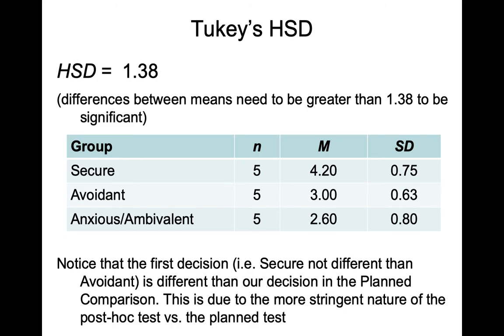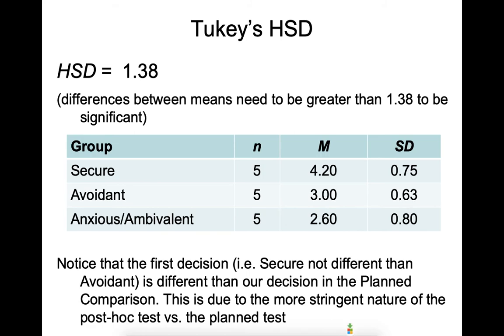This is due to the more stringent nature of the post hoc test. Post hoc tests make it more difficult to find statistical significance because they're guarding against making a type 1 error. So we need to see a bigger difference among means in our sample data in order to conclude that they're statistically significant when we do a post hoc comparison.